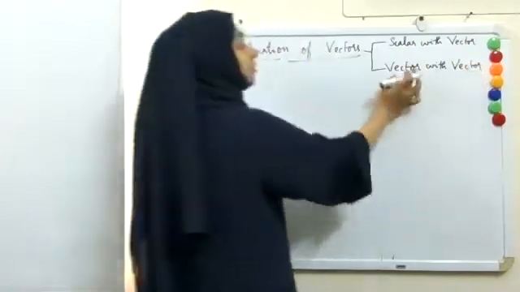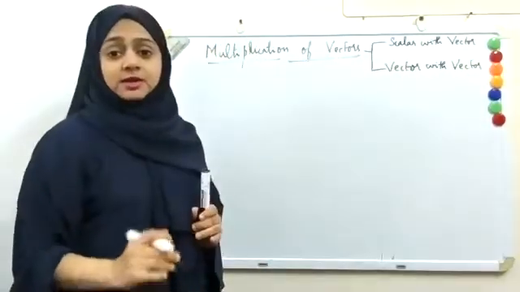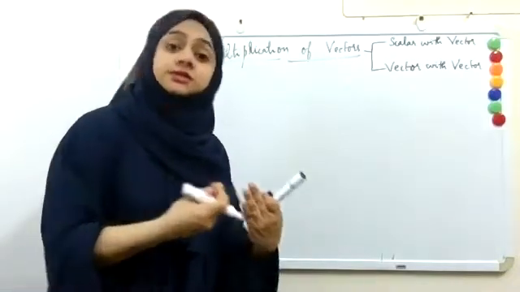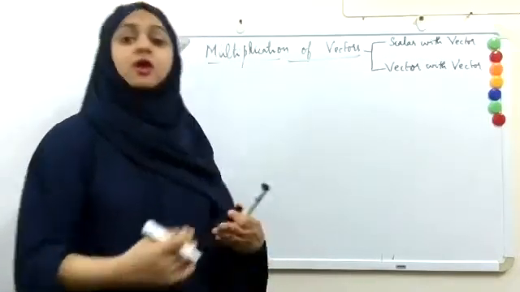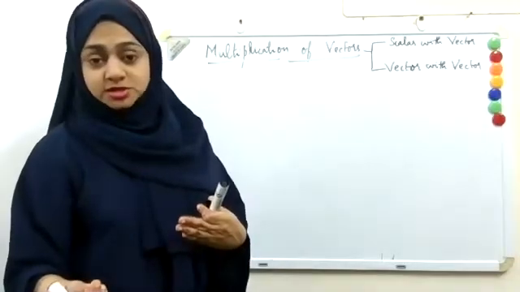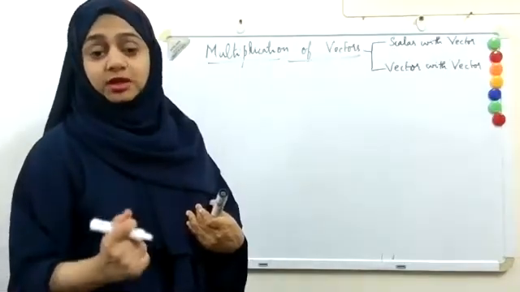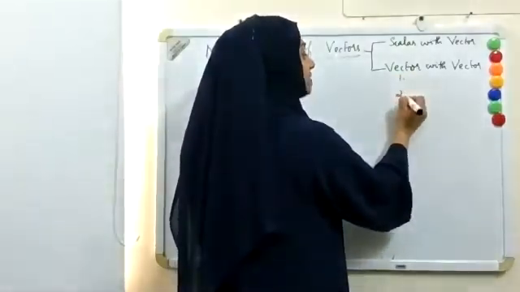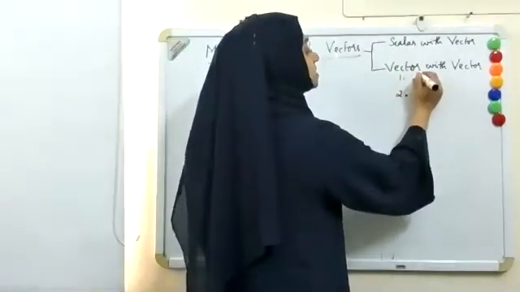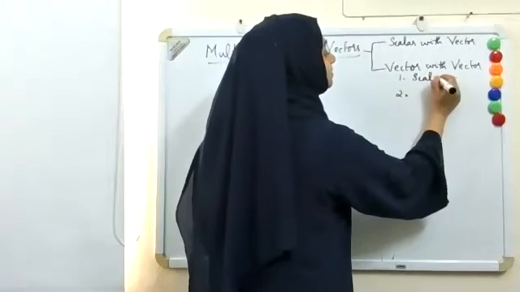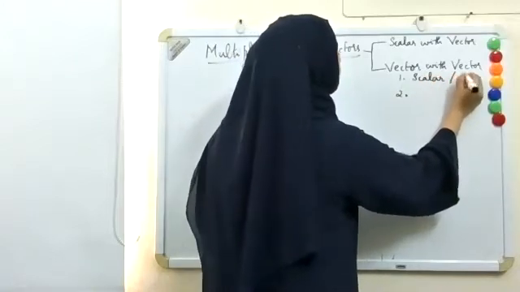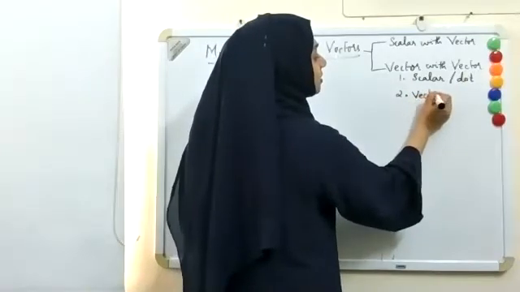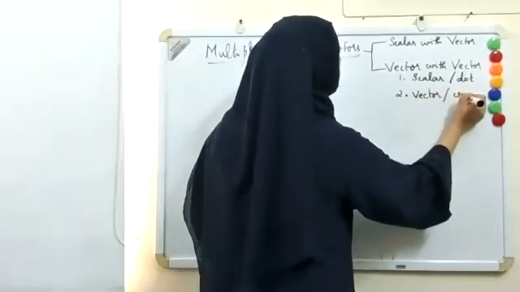And if you multiply a vector with a vector, you can either get a scalar quantity as the product, or you can get a vector quantity as a product, depending upon the way in which you multiply. So this itself can be of two types. One we call the scalar product or the dot product, and the other one we call the vector product or the cross product.